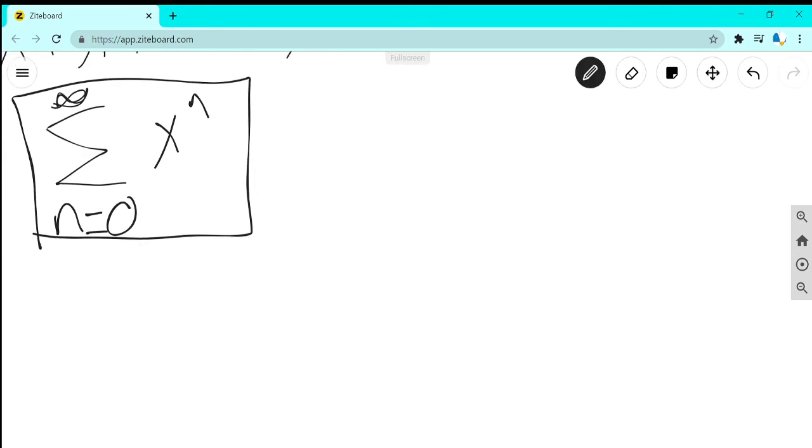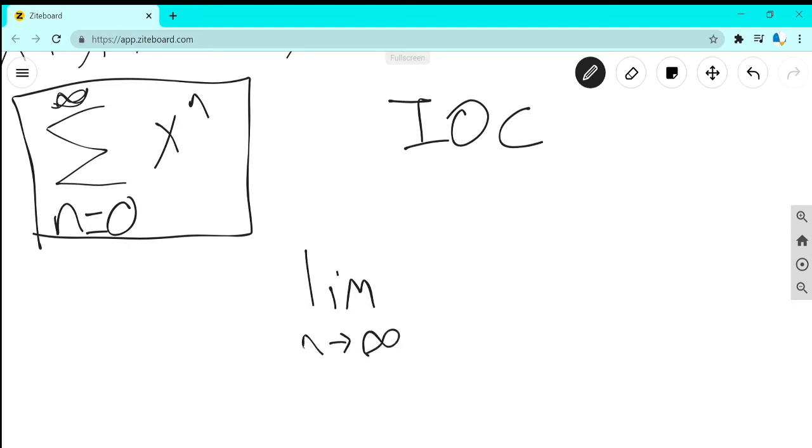Now we're going to go to our IOC, our interval of convergence. You can calculate it by doing the ratio test, which is basically the limit as n approaches infinity of a to the n plus 1 over a to the n.